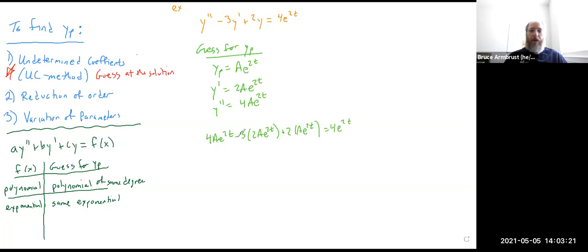Wait a minute. 4 minus 6 is negative 2, plus 2. Uh-oh. This is a major uh-oh, because not only did the a's go away, so I can't figure out what a is, but also I got a statement that can never be true anyway. Ah, shoot.